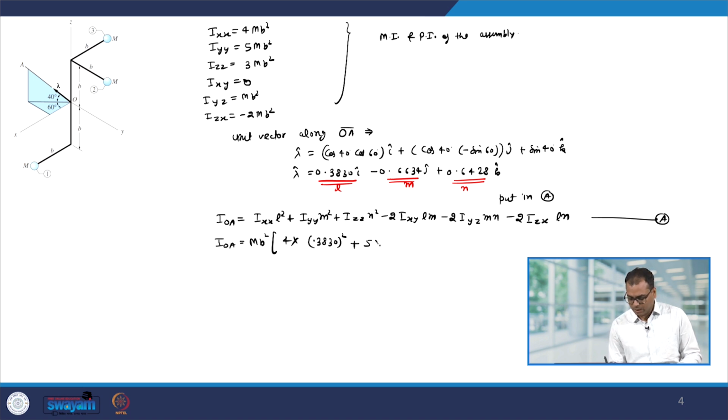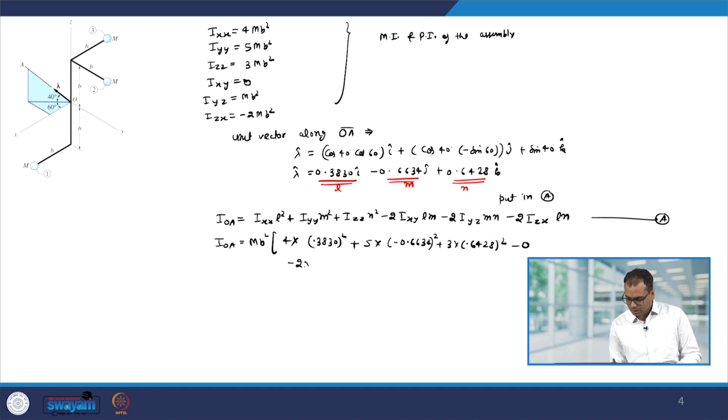So, that is 5 into m square, which is minus 0.6634 square, plus 3 into 0.6428 square, minus 2 I_xy. So, that is equal to 0.